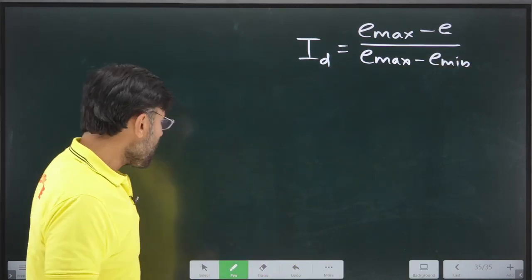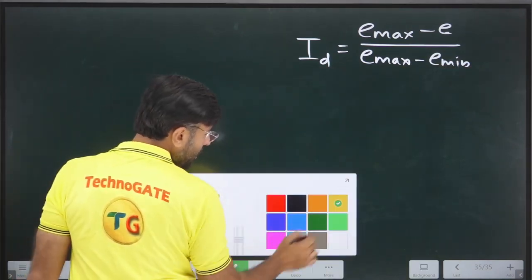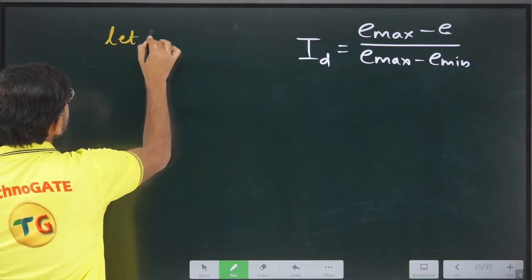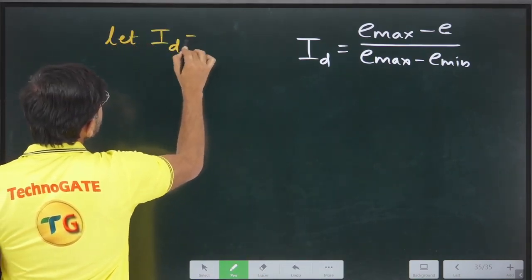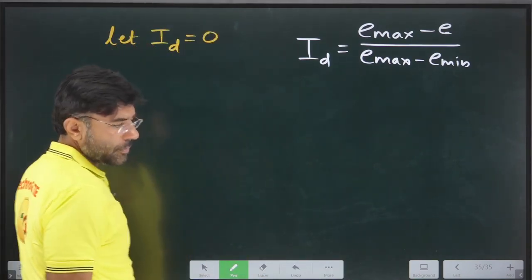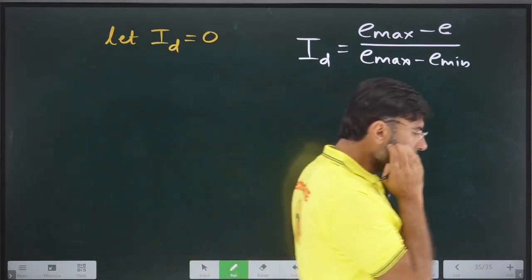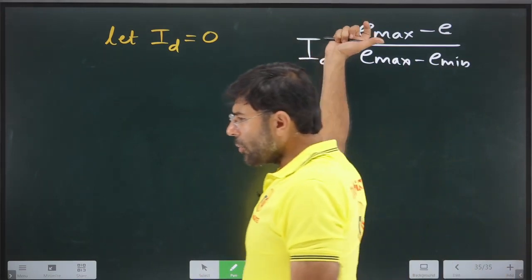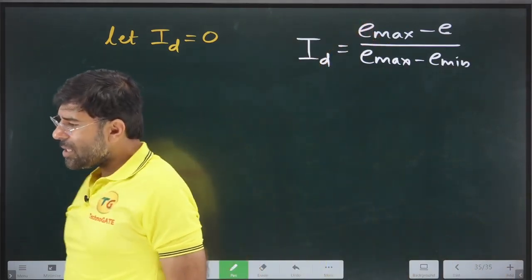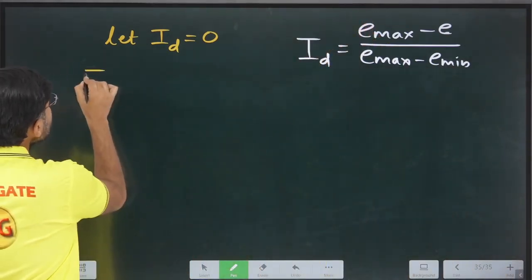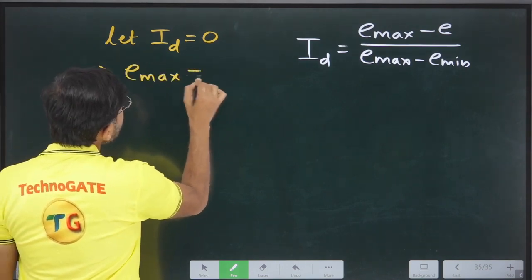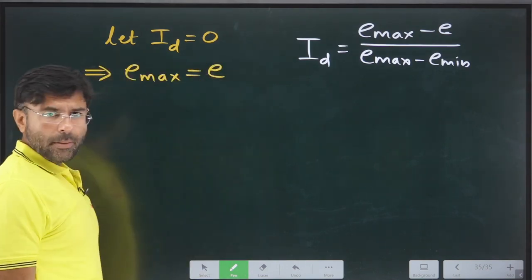Just see. Suppose ID is equal to 0. Let us assume that ID is equal to 0. By seeing the formula, if ID is equal to 0, can I say E maximum is equal to E?